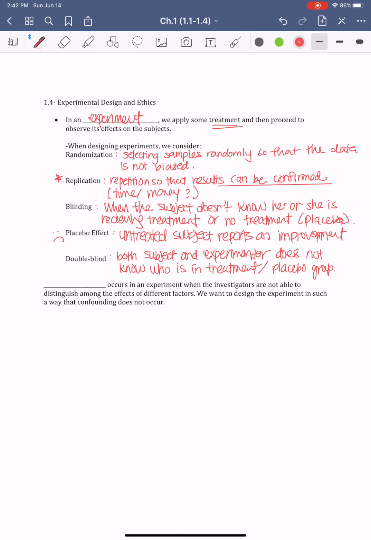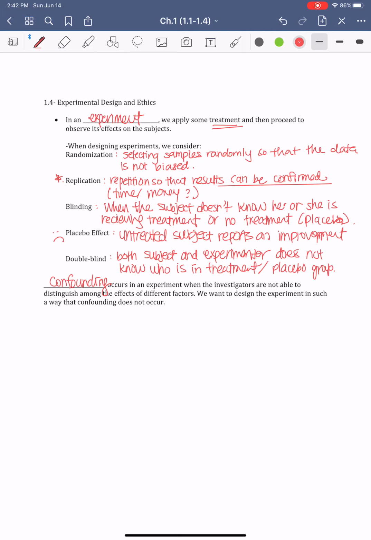Okay. Last one, confounding. Confounding occurs in an experiment when the investigators are not able to distinguish among the effects of different factors. We want to design the experiment in such a way that confounding does not occur. So again, it's kind of similar to placebo effect. An untreated subject reports an improvement.